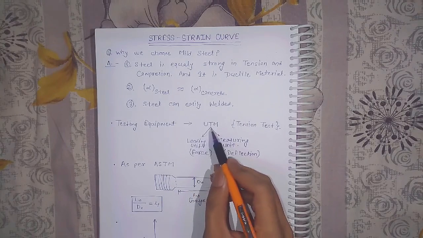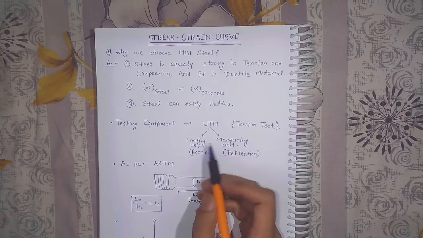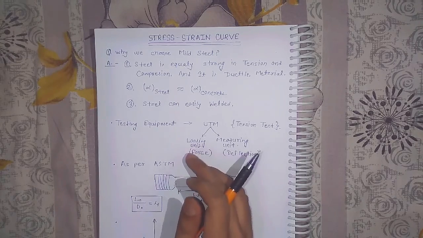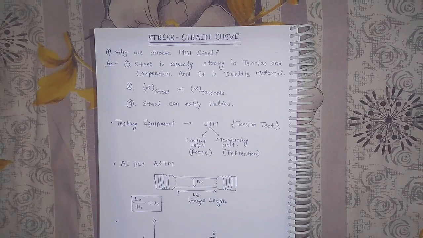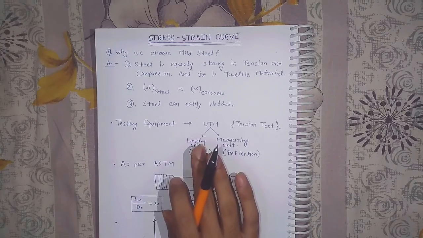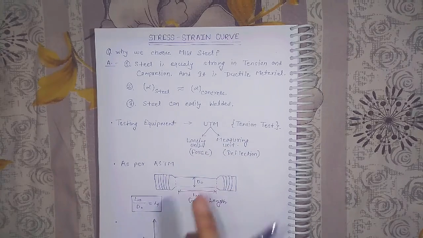This machine has two units. One is the loading unit and the second is the measuring unit. With the loading unit we can apply the force, and in the measuring unit you can measure the deflection. As you can see in the figure, there is the universal testing machine with two units: the loading unit and the measuring unit.